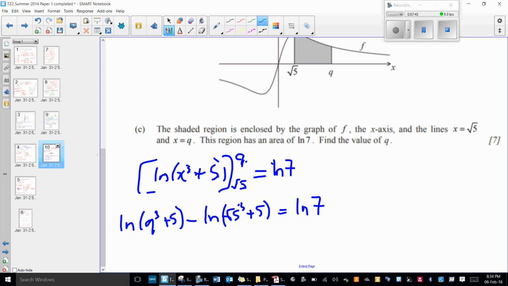Okay, this is a messy thing, so we've got square root of 5 all cubed, so let's keep this ln of q cubed plus 5 minus ln of, so this is 5 to the power 3 over 2.